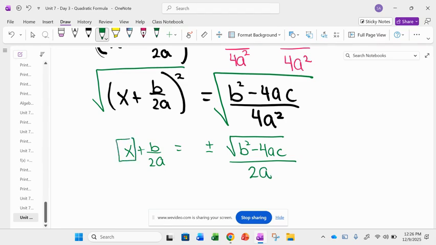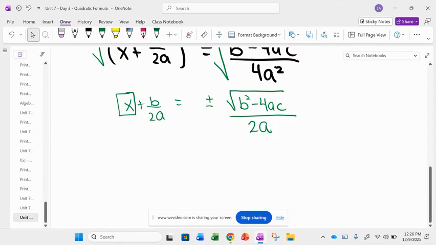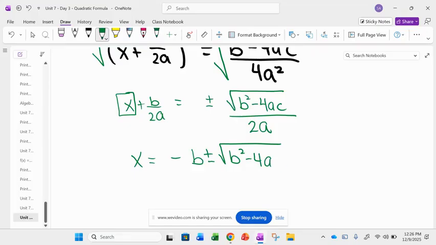My end game is to solve for x, so I need to subtract that b over 2a over. So I end up with x equals negative b plus or minus the square root of b squared minus 4ac all over 2a. And isn't that the quadratic formula? All right, so that's where it comes from.